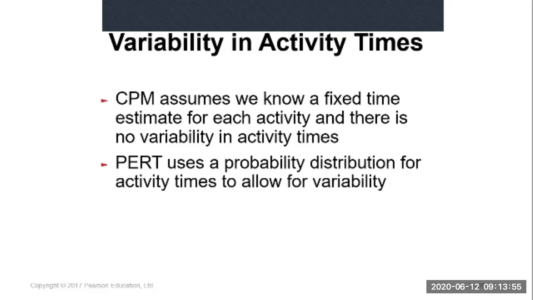You can only have a variation: sometimes we can complete within 2 weeks, sometimes 4 weeks, and sometimes it takes 9 weeks. If you have that kind of times for each activity, then you can use PERT. So remember, CPM only when you have the exact or fixed time; PERT if you have a variation in each activity's time.